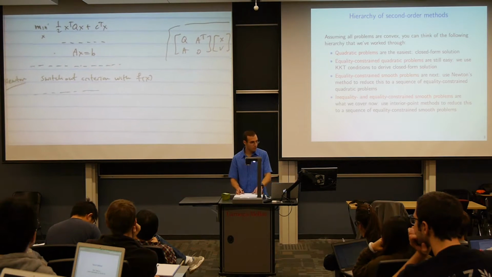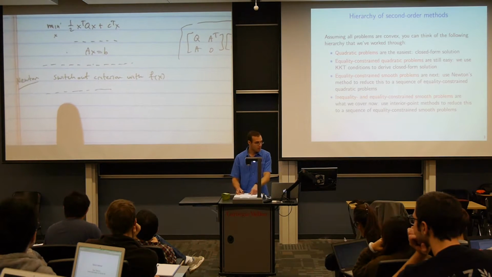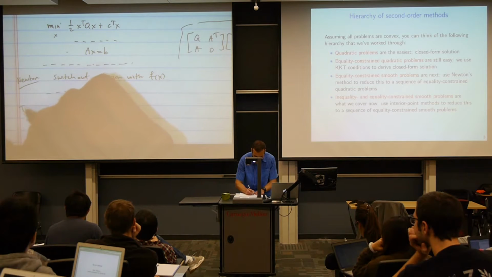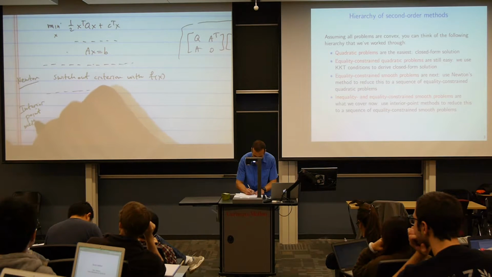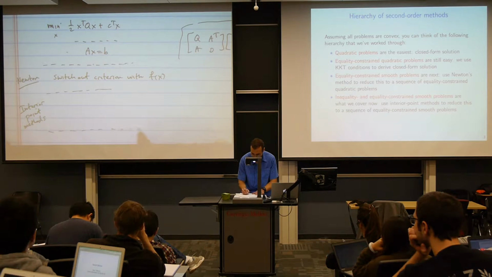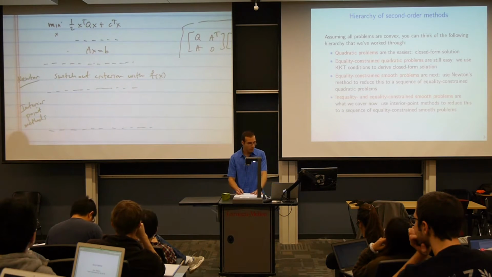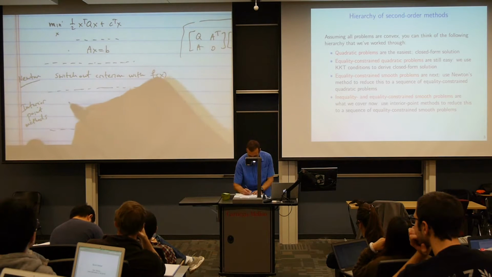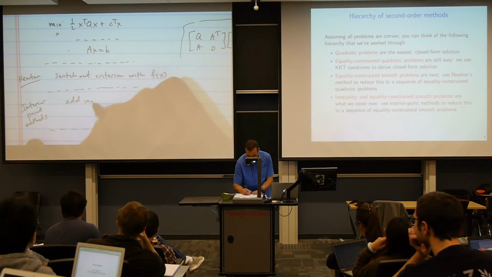So we've already traversed this part of the hierarchy. Now we're going one step up. We're looking at what we call interior point methods, which are built on top of Newton's method. Okay, and the problem class they consider is what happens when we add inequality constraints.